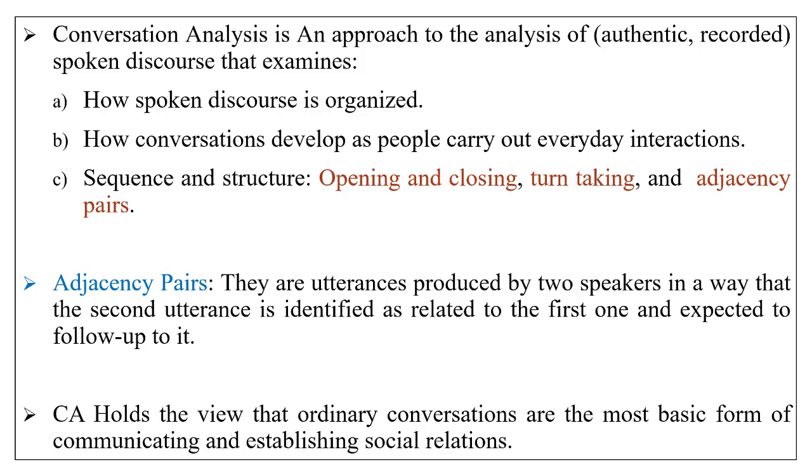And adjacency pairs. Adjacency pairs are utterances produced by two speakers in a way that the second utterance is identified as related to the first one and expected to follow on from it. So adjacency pairs are basically the conversation that you carry out with someone.